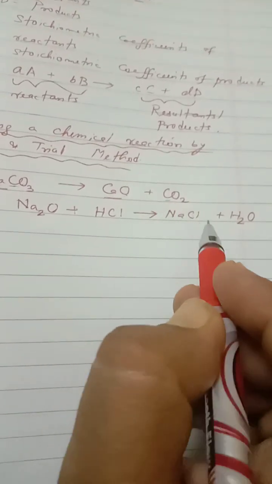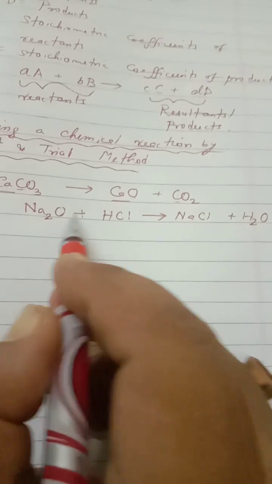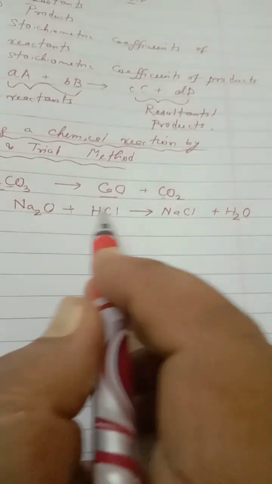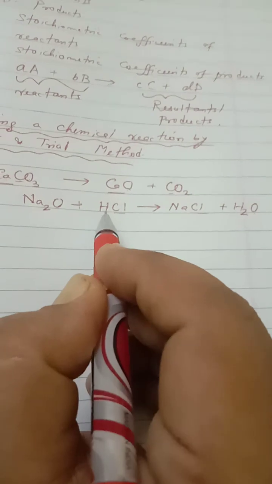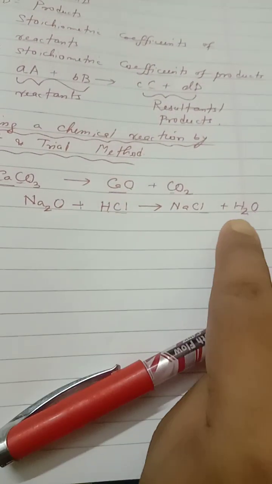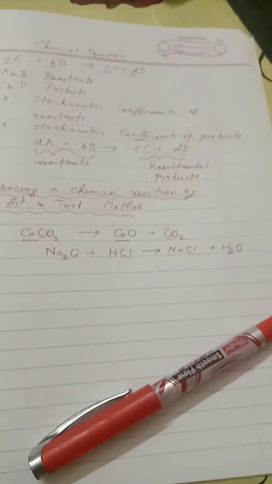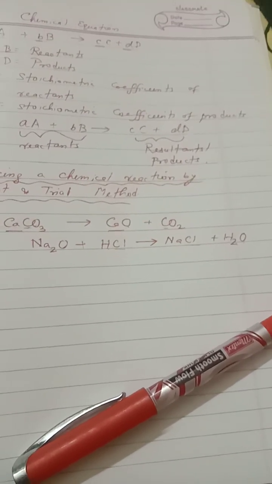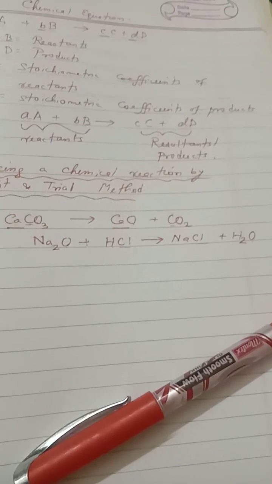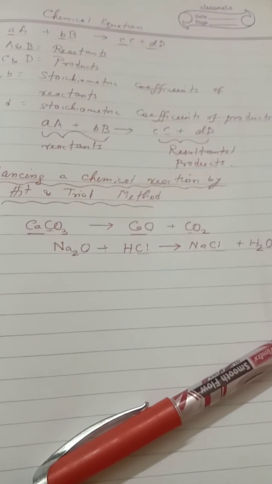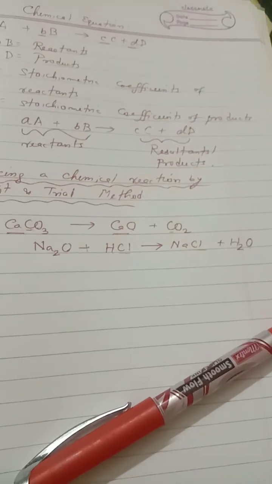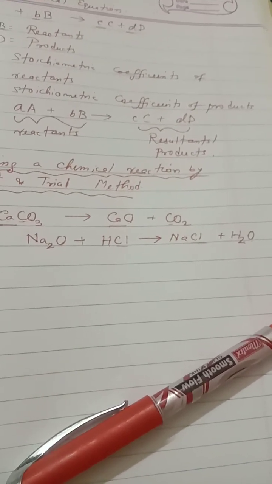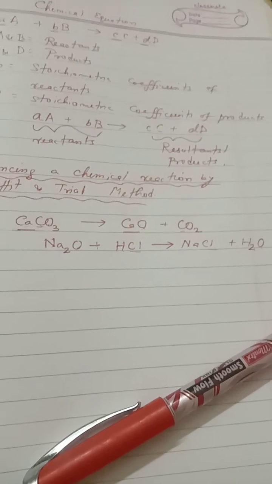Sodium is unbalanced. 1 atom of oxygen, 1 atom of oxygen. Oxygen is balanced. 1 atom of chlorine, 1 atom of chlorine. Chlorine seems to be balanced. 1 atom of hydrogen, 2 atoms of hydrogen. Hydrogen seems to be unbalanced. So sodium and hydrogen need to be balanced, while oxygen and chlorine are already balanced.